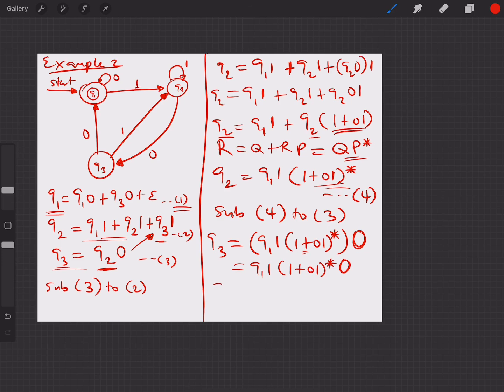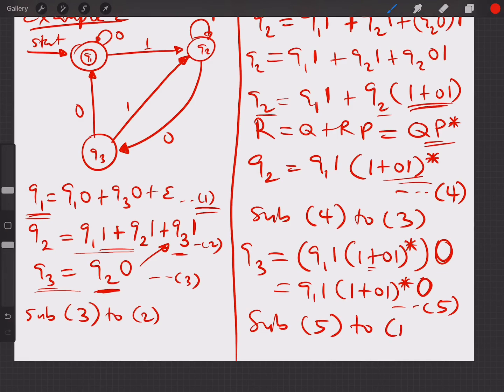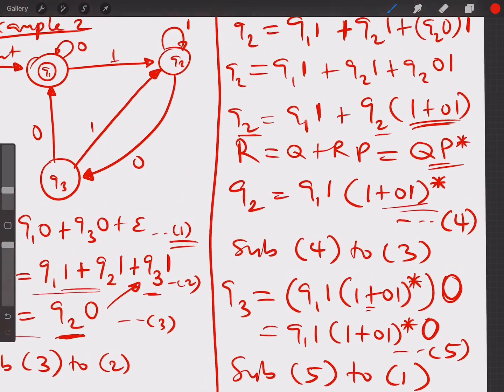So substituting, let's say equation 5 into 1, what are we going to have?